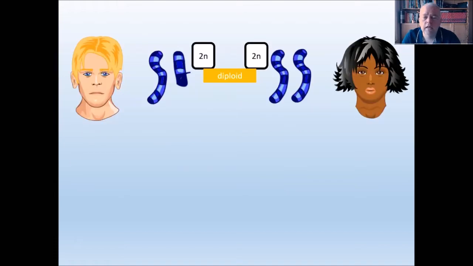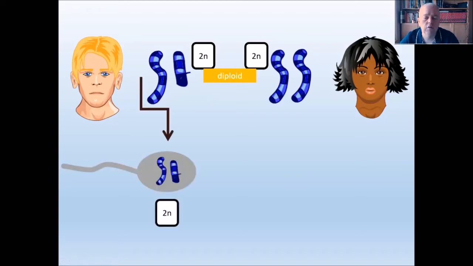So let's have a look at an example where meiosis doesn't occur, because that should hopefully help illustrate why meiosis is important. The image on the left hand side shows the X and Y chromosomes from the male, and we've got 2 X chromosomes from the female. We're not looking at all 46, that would make the image somewhat confusing, but we're looking at adults that are diploid, and if they didn't go through meiosis, the sex cells that they would produce would have the same number of chromosomes as the adult cell.